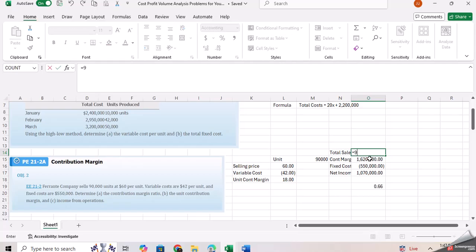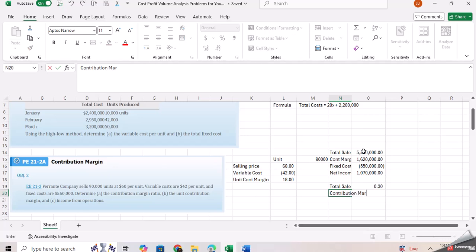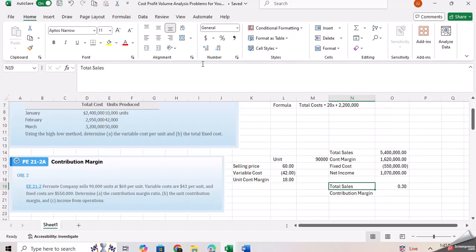So our total sales are the 90,000 units times that selling price. So then that divided by that gives us our contribution margin ratio.